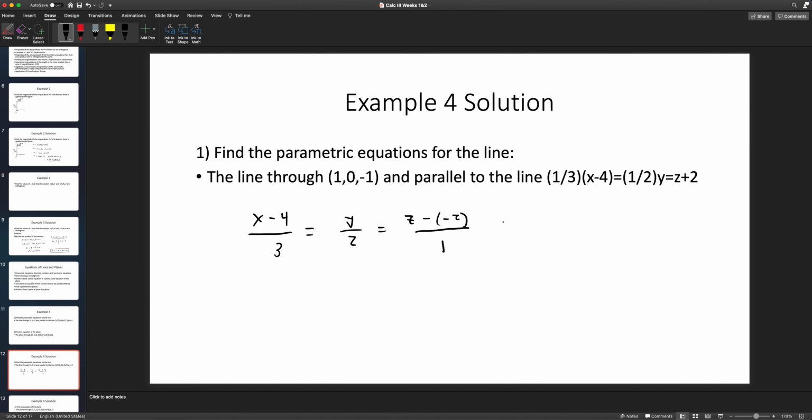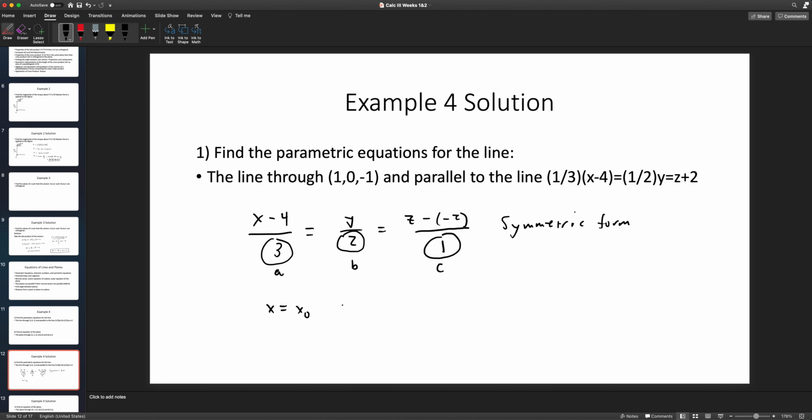Now why we do that is that this is in symmetric equation form, and we can see the direction numbers, which essentially give us a rough idea of the slope of this line, and they are going to be used in the parametric equation.